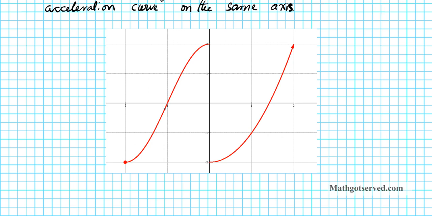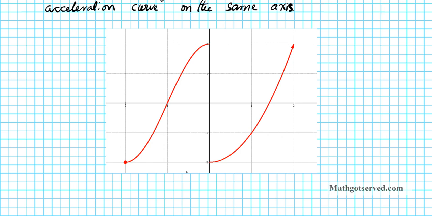If we take a look at the function here on the left side, this piece looks like a cosine function, with a period of 4 and an amplitude of 2.